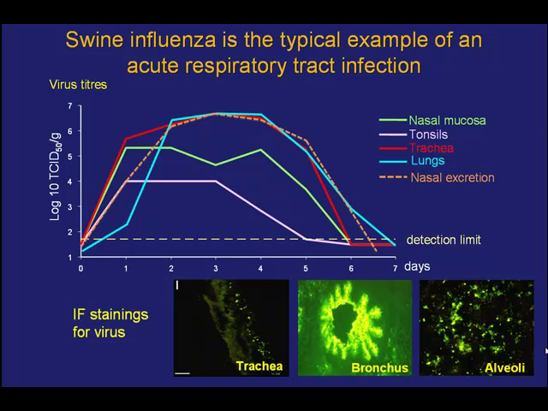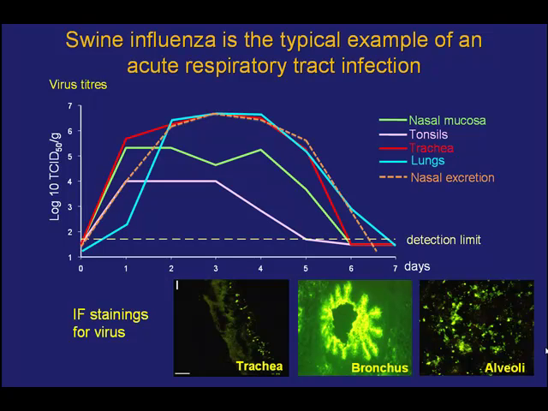Both in pigs and in people, influenza is the typical example of an acute respiratory tract infection. This graph shows mean virus titers in various parts of the respiratory tract of pigs at different time points after an experimental intranasal inoculation. You will see that we find the highest amounts of virus in the lungs and the trachea.